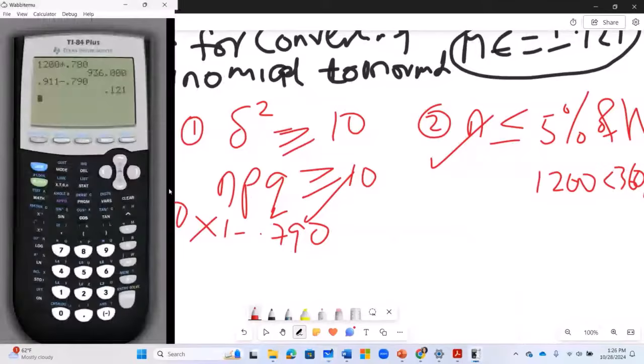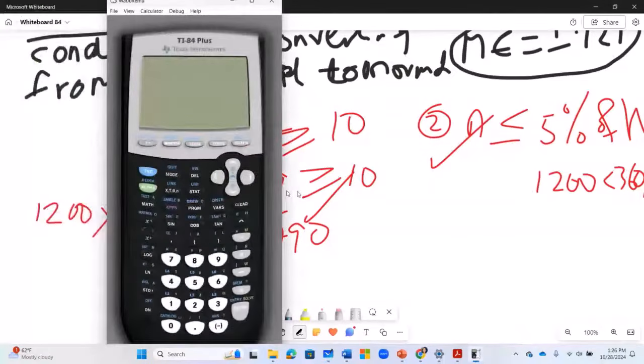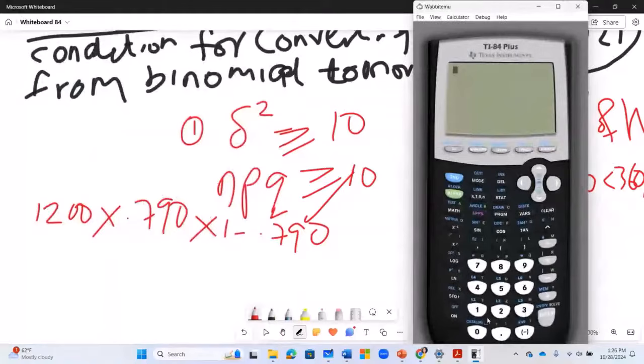So I will do the multiplication. What I'm checking is 1,200 multiplied by 0.790 multiplied by parentheses 1 minus 0.790, close parentheses, and hit enter.